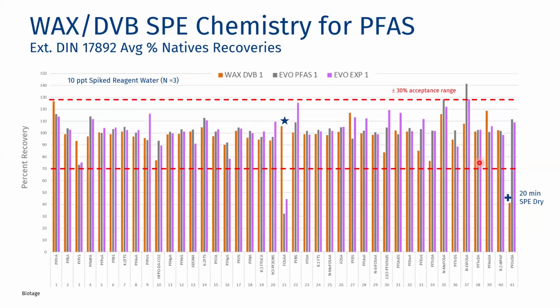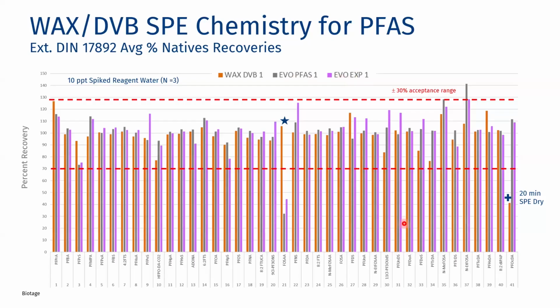Now let's take a look at the Wax DVB or the Evolute PFAS Plus cartridge. Here's the Evolute PFAS Plus, the Wax DVB. We did 3 spikes at 10 parts per trillion in reagent water, and then we looked at 2 different wax cartridges as well, which just have wax in them.